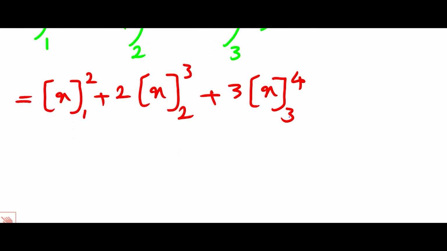So we have x from 1 to 2 is 1, plus 2 times (3 minus 2), which is 1, plus 3 times (4 minus 3), which is 3, equals 6.